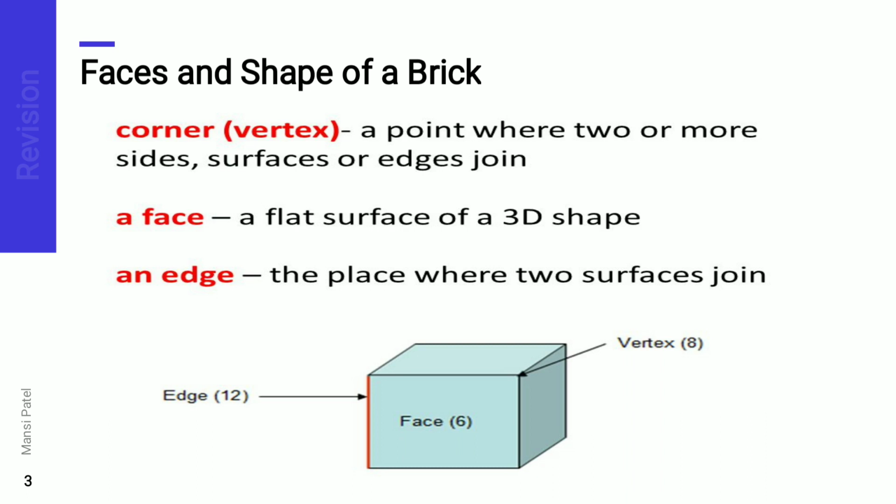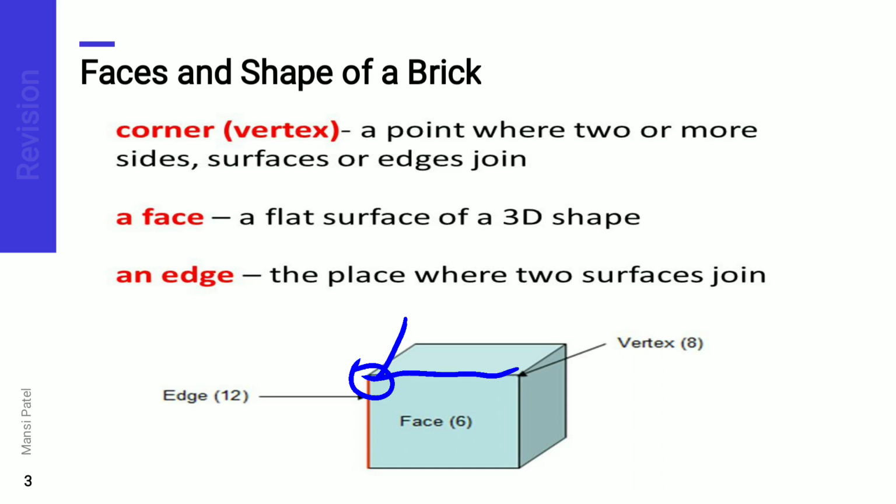A point where two or more sides or surfaces, or we can say edges, are joined. See here, this is the first side and this is the second side. Where both sides meet each other, that is known as the corner. So how many corners does a cuboid or a cube have? We can say that there are 8 vertices.